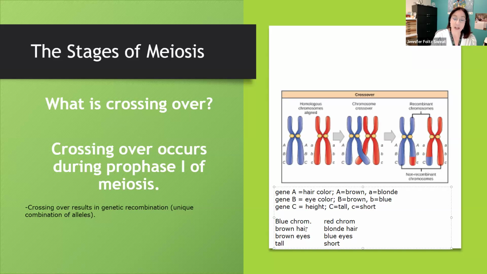So what this is referring to is alleles, right? On your blue chromosome, brown hair goes with brown eyes, goes with tall. A red chromosome codes for blonde hair, blue eyes, short. Does that make sense to everyone?